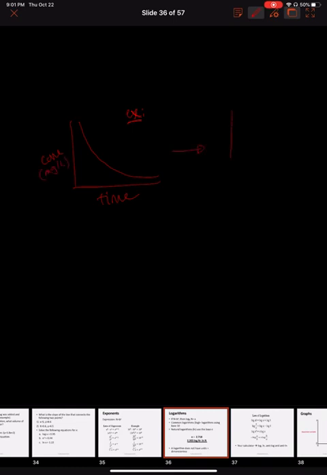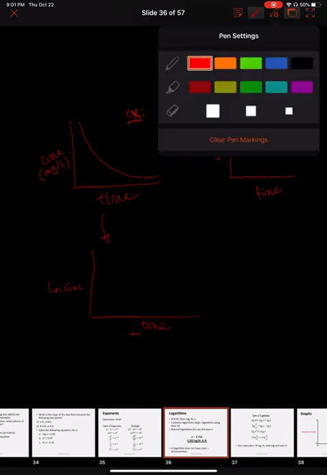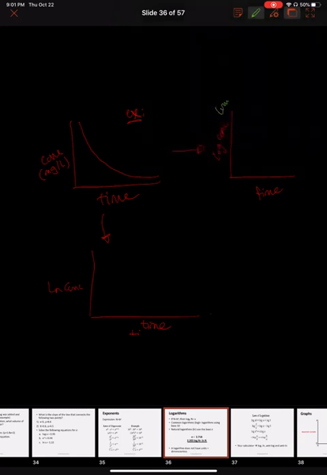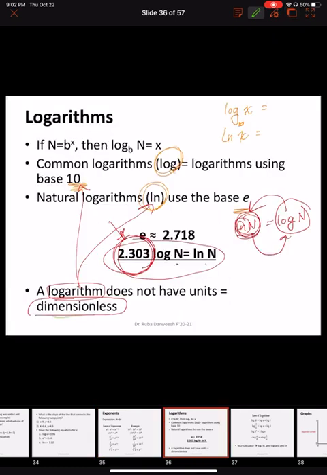If I have it in the log term, it will be log concentration versus time, or ln concentration versus time. We will not have a unit, so it's unitless, compared to the unit that we have here. So this is something important that you need to keep in mind.